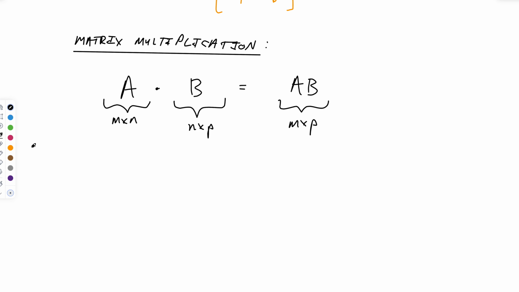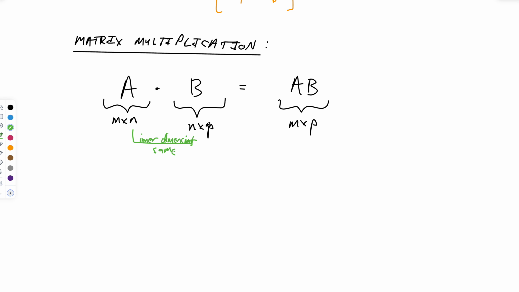Okay. So before we can show how to multiply, I'm going to show the requirements. In order to do a matrix multiplication, what you first need before anything is the inner dimensions to be the same, right? I need these to be the same. In this case, they are N and N. These inner dimensions are the same, which means you can go ahead and do multiplication.